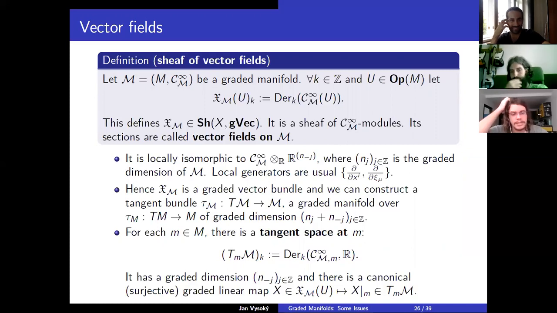Surprisingly, on the level of the category of smooth manifolds, and for me, surprisingly, as well for the category of supermanifolds, we have a canonical isomorphism between vector fields defined as sections of vector bundles and modules of derivations of smooth functions on your manifold.